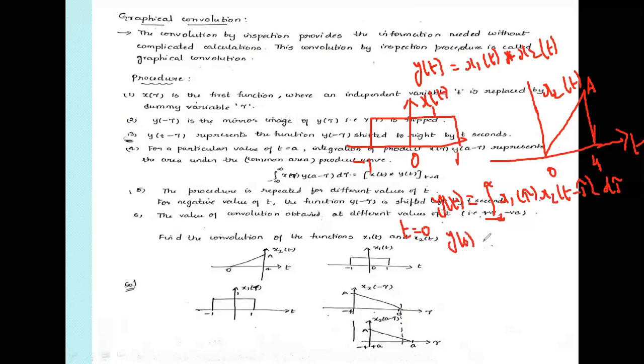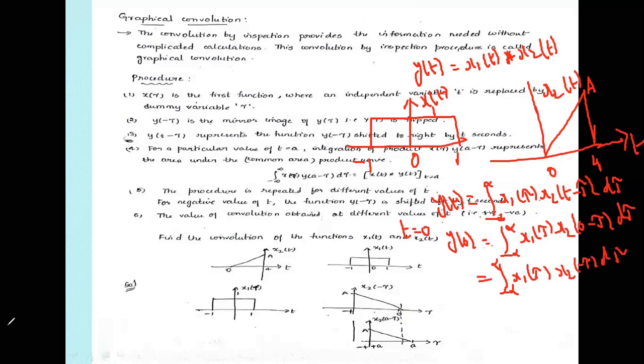Y of 0 is equal to integral from minus infinity to infinity, x1 of tau, x2 of 0 minus tau d tau. That is equal to integral from minus infinity to infinity, x1 of tau, x2 of minus tau. The folded function, x2 of minus tau.